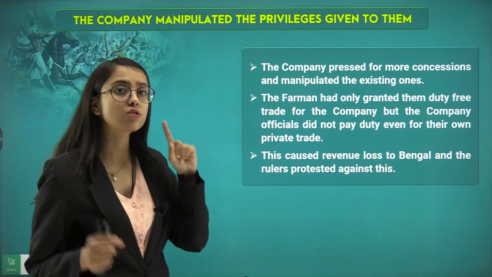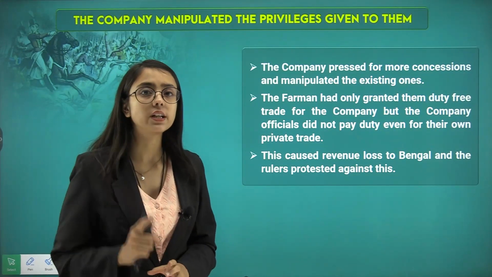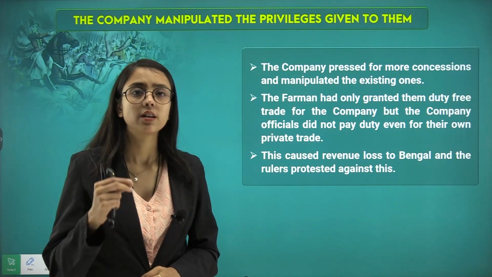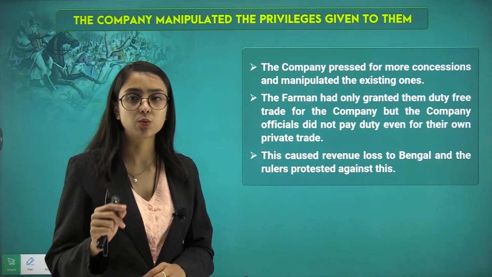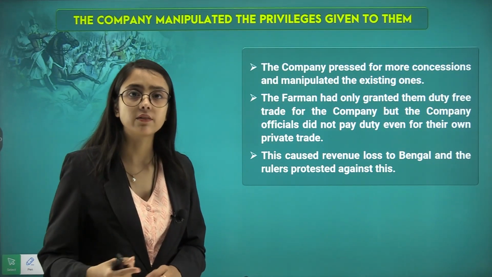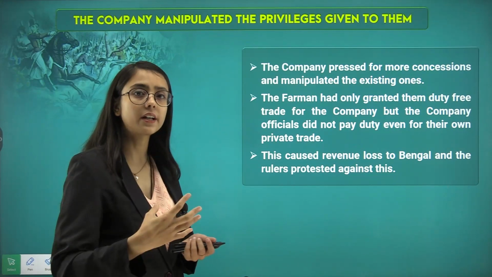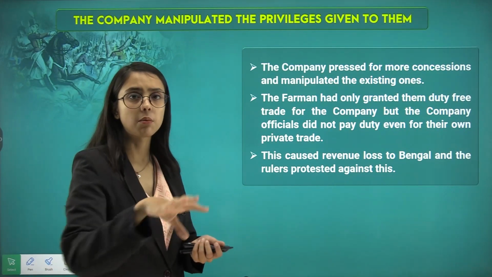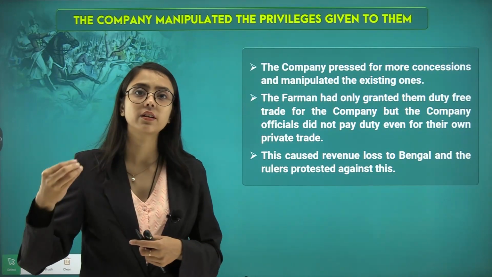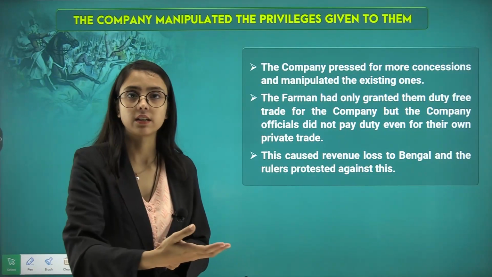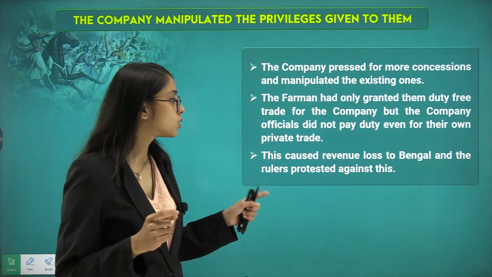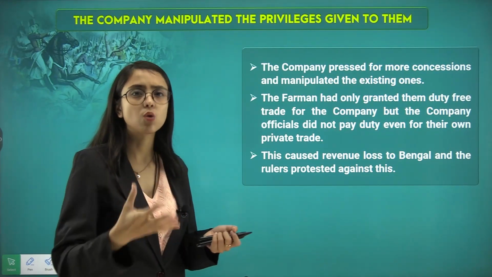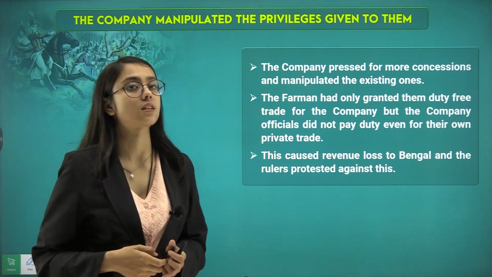The Farman that was issued by Aurangzeb only granted them duty-free trade, but the company officials did not pay duty even for their own private trade. So it was not just about the trade that they were doing with the local people among themselves, but also for their private trade, as in what they were selling here. This caused revenue loss to Bengal, and the rulers, the subedars, the zamindars, the local rulers, they started to protest against this.